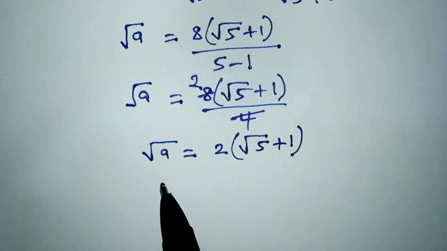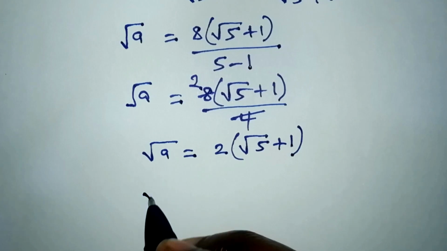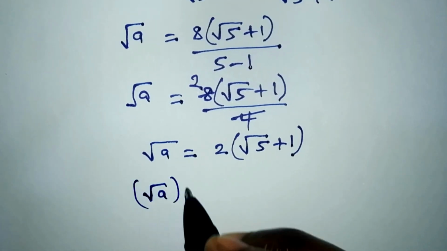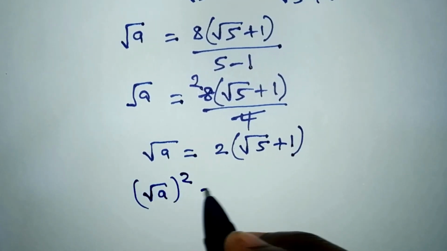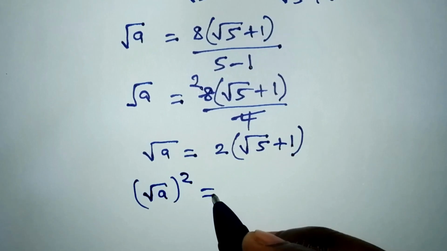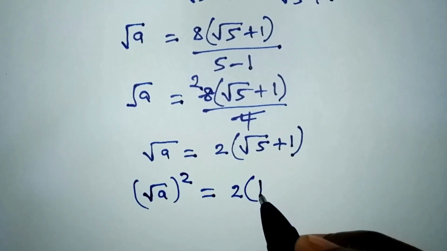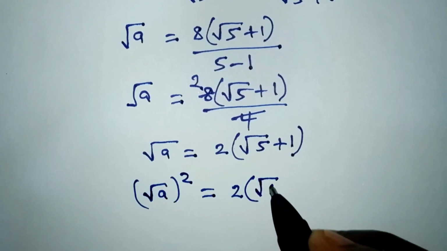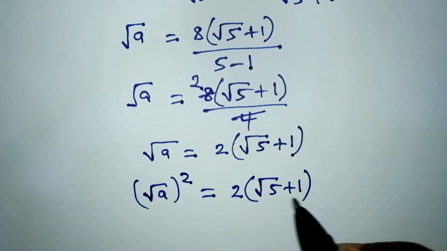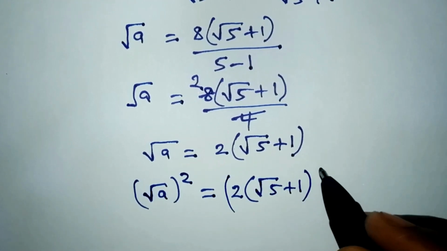Squaring both sides will give us square root of a squared equals 2 bracket square root of 5 plus 1 squared.